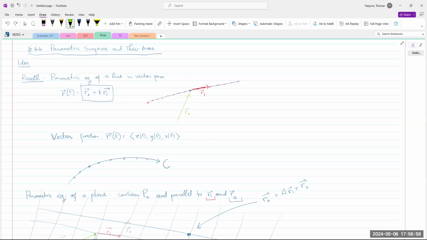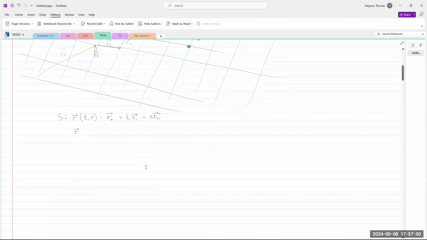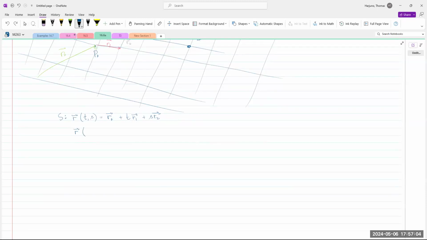Our textbook, for another reason, uses u, v. So let's just follow our textbook so that when you read your book, it's easier for you. Okay, we can write this as R0 plus uR1 plus vR2. But when you write the u and v, be very careful not to make them look very similar.